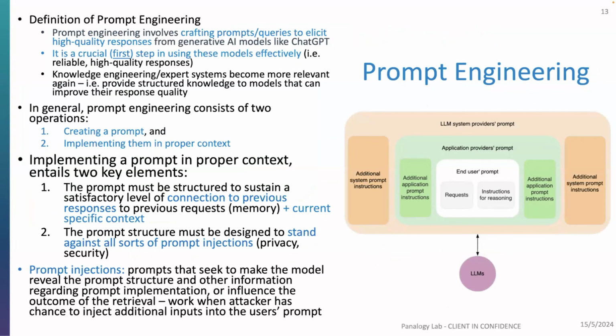Now, prompt engineering, yes, love that. We have this sort of wrapped context, right? We've got the user's prompt, which might be some requests and some instructions for reasoning and how to output the response. The application, maybe it's SurveyLM, wraps some prompts around both the front end and the back end. And then the LLM system provider also does their bit.